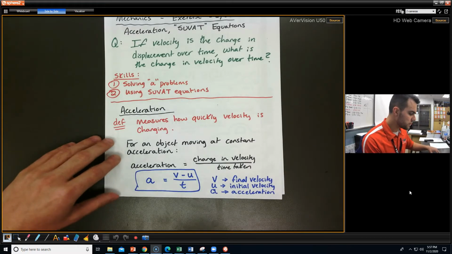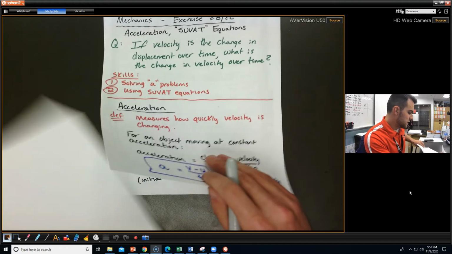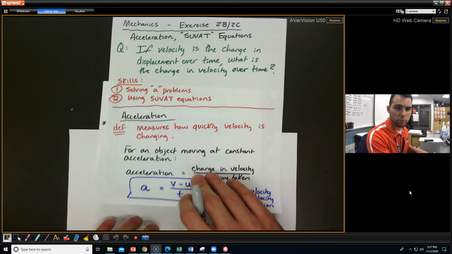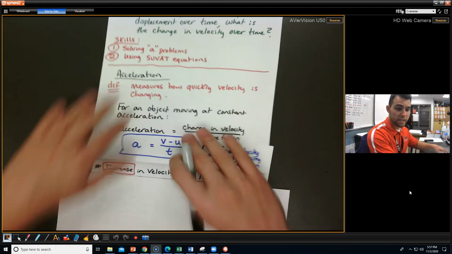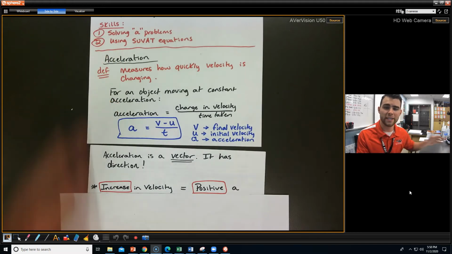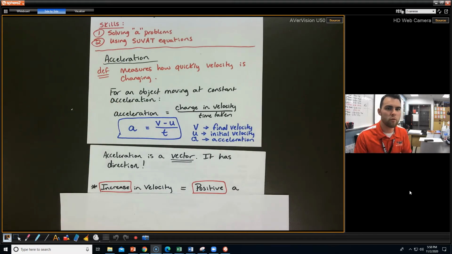Let's see what accelerate and decelerate means, and how direction works with this, because acceleration is a vector. It has a direction, but it doesn't work exactly the same way as displacement and velocity. If I was moving in the positive direction, then my displacement's positive, and my velocity will be positive as a result. Here, though, I can have a velocity that is positive, but I can also have a negative acceleration.